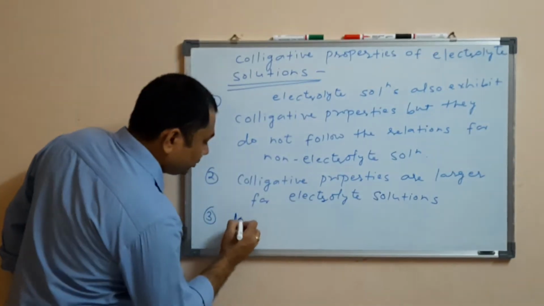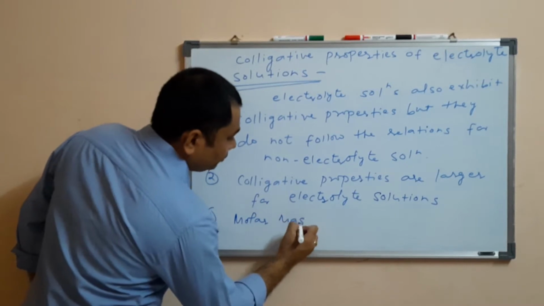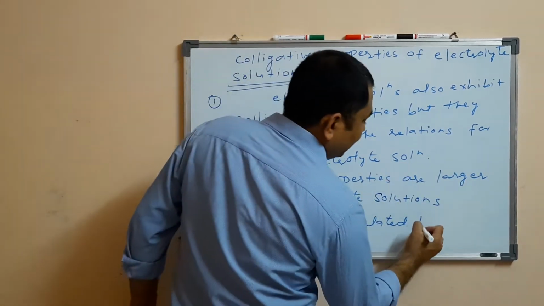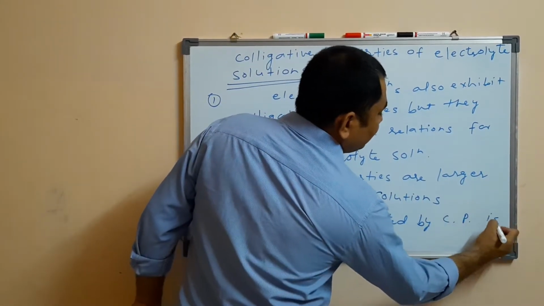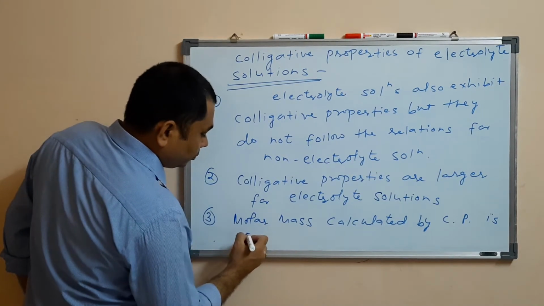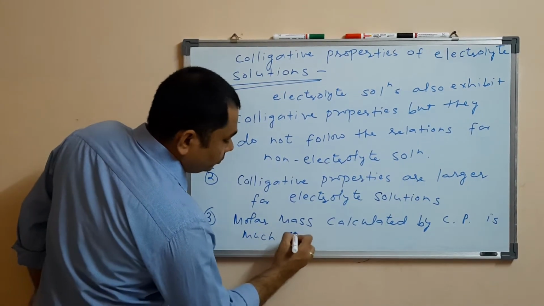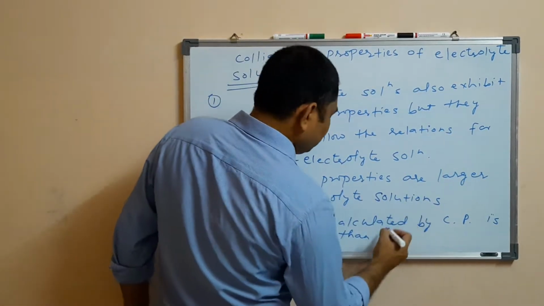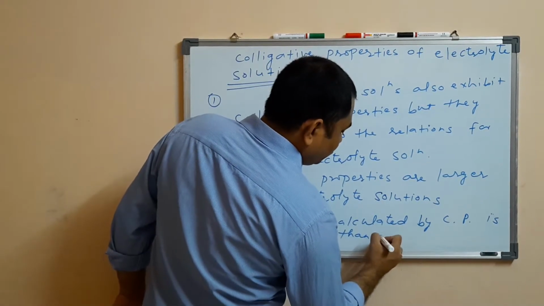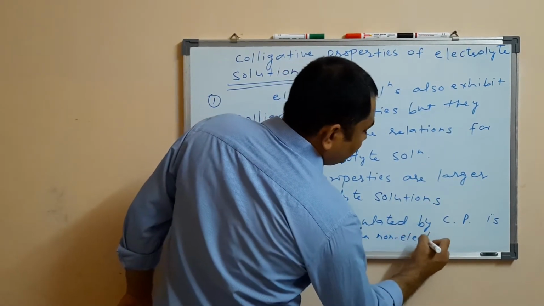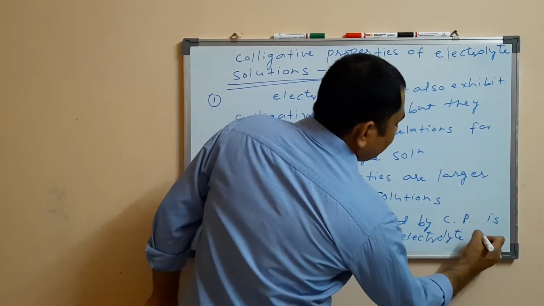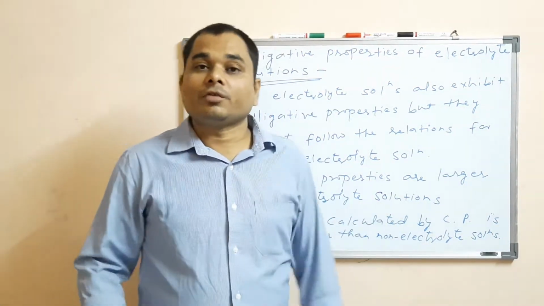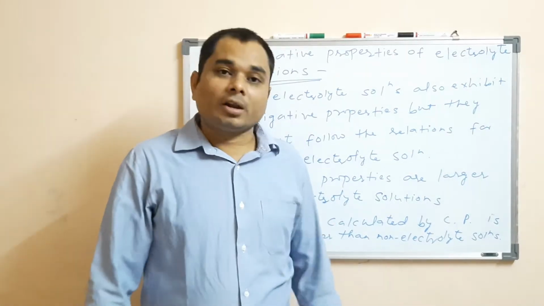Okay, so molar mass calculated by colligative properties is much smaller than for non-electrolyte solutions. Okay, so these are the three properties of the solutions of electrolytes vis-a-vis the properties of the non-electrolyte solutions.